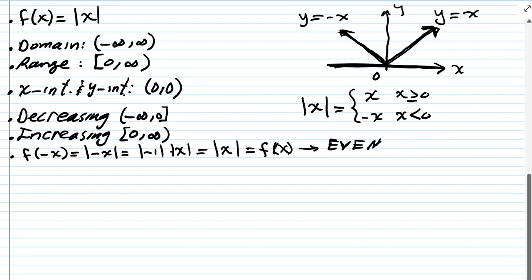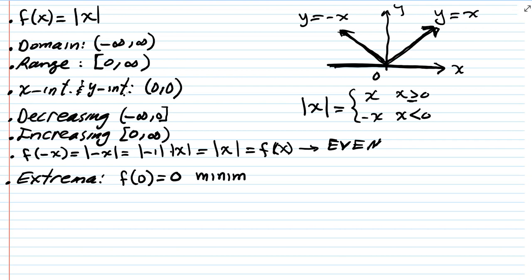And extrema. What about extrema? Well, I see a minimum on the graph of this function. The minimum is 0. So extrema is going to be f at 0 is 0. This is a minimum. So there is a minimum of 0 that happens at 0.